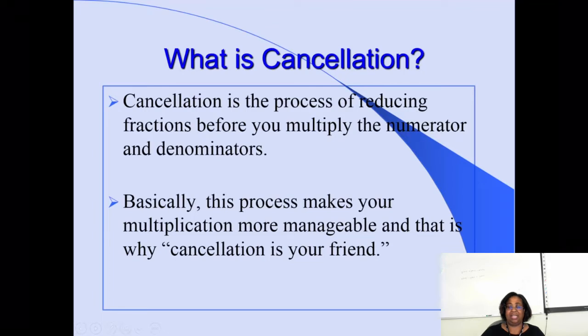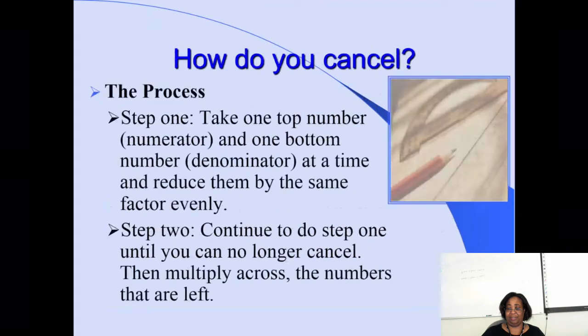Now this is a technique for multiplication. Even though we will use it when we're dividing because we do multiply, this technique is used when we are multiplying. And I want you guys to actually start singing "Cancellation is my friend." It makes your numbers smaller so that you'll be able to handle them.